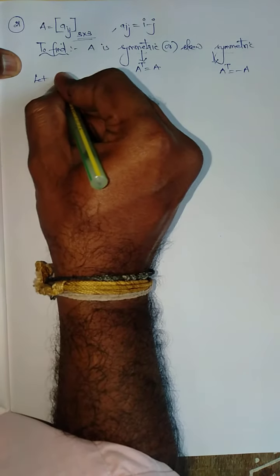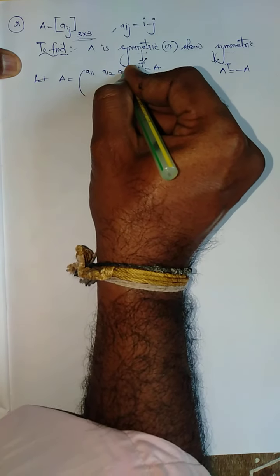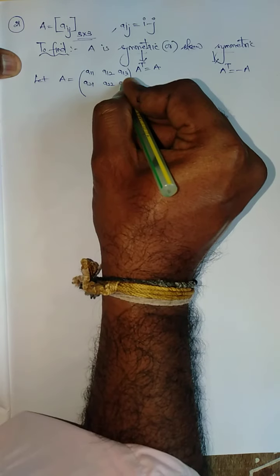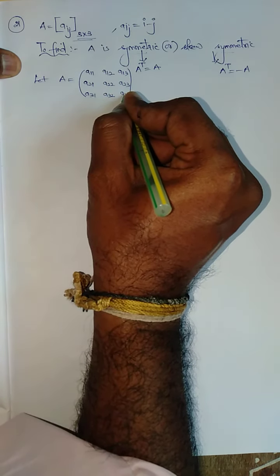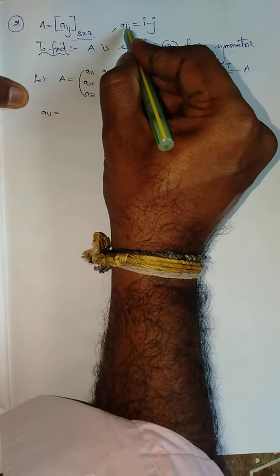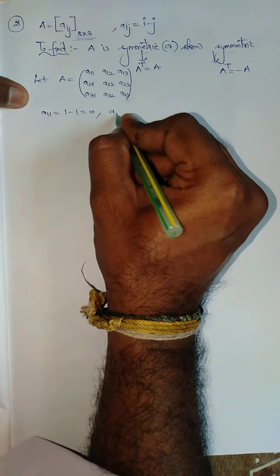Therefore, let A be equal to A11, A12, A13, A21, A22, A23, A31, A32, A33. So apply here. Therefore, A11 is i minus j, 1 minus 1 is 0.